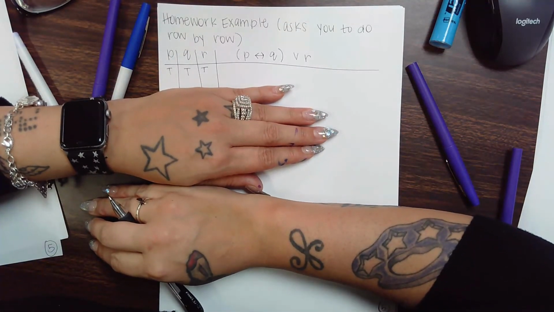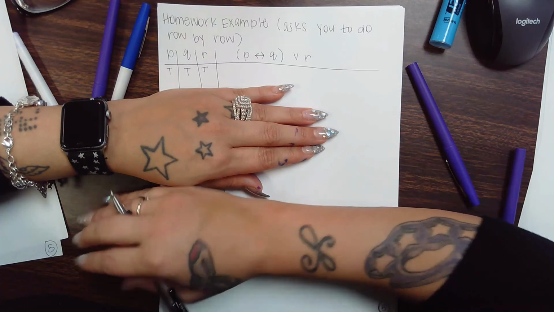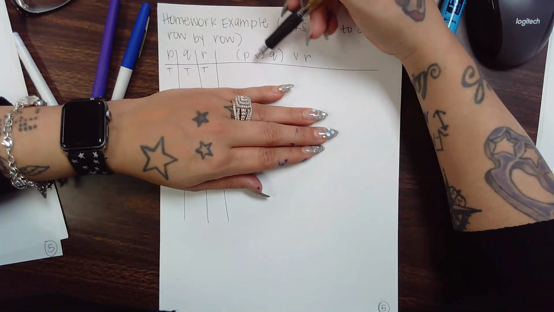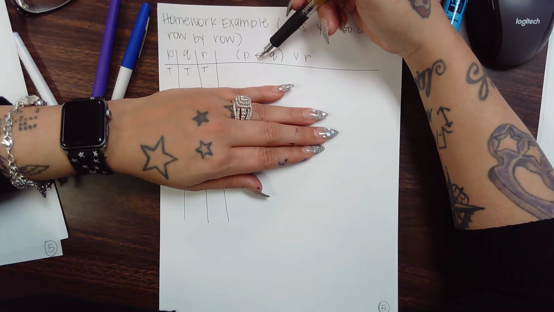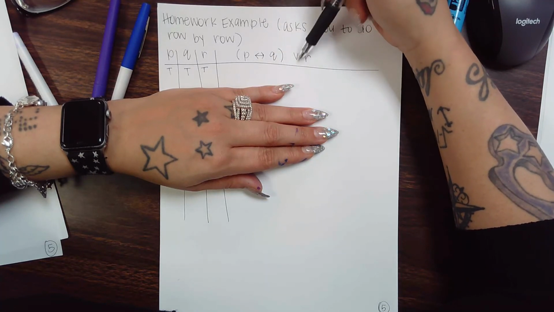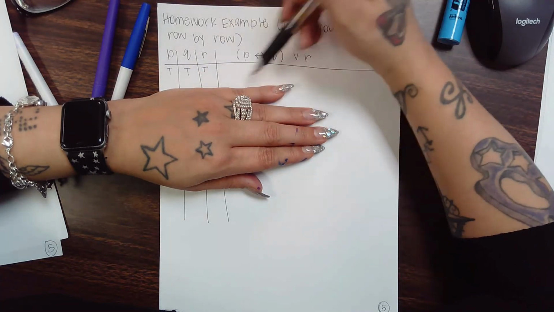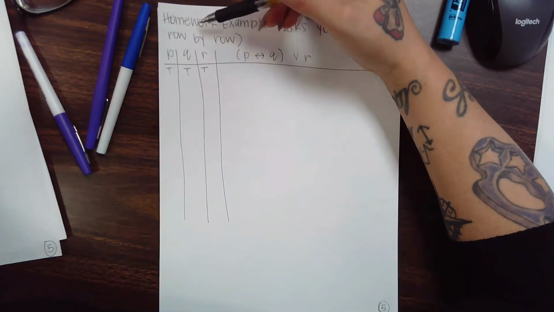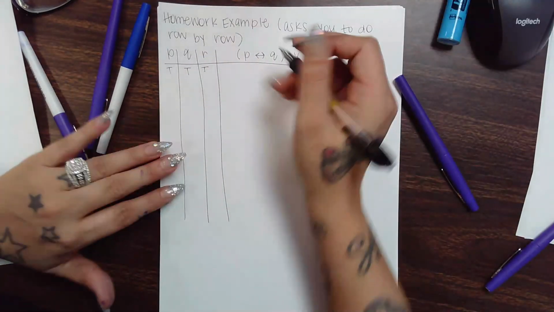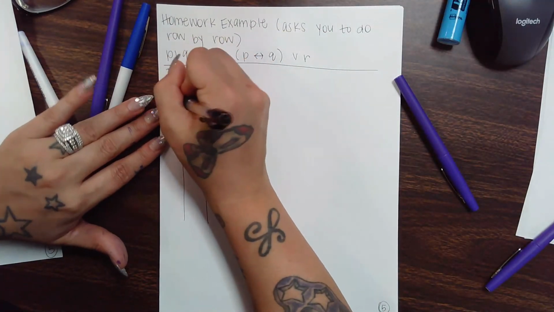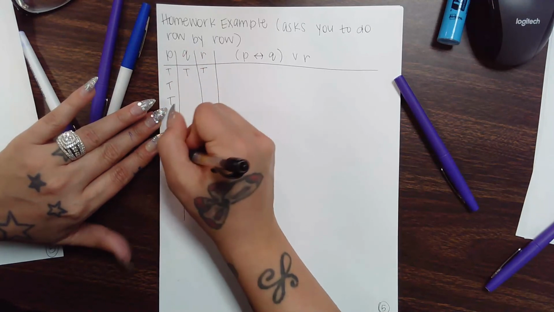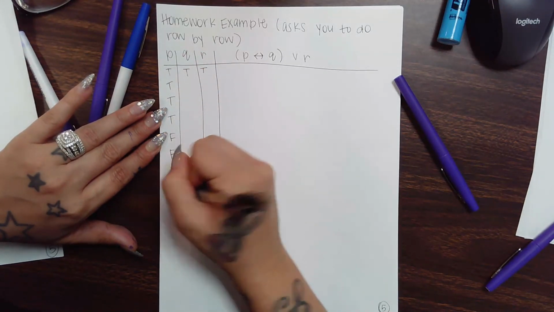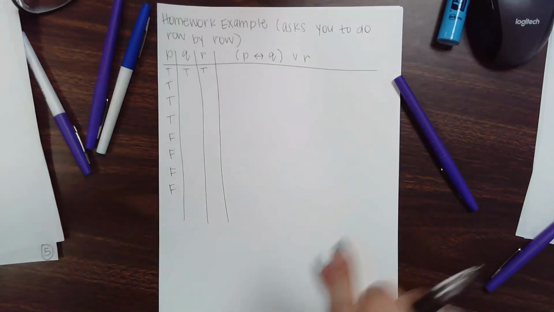And then it has a little pull down menu for different chunks of this problem. It'll have a pull down menu for this biconditional, and then it'll have a pull down menu for the final answer. But instead of doing it row by row, just solve the whole thing and then enter in your answers, okay? What I mean by solve the whole thing is, it's going to ask you every row, so go ahead and figure out what every row is, and then on the homework, you're literally just doing pull down menus real quickly.